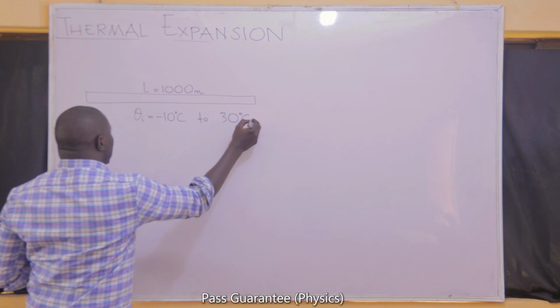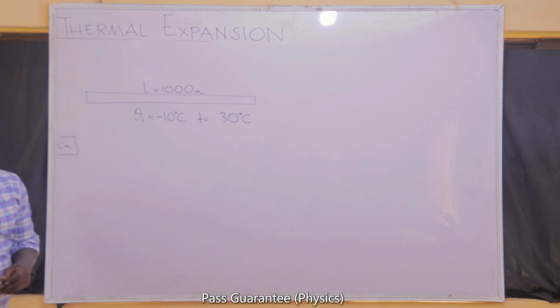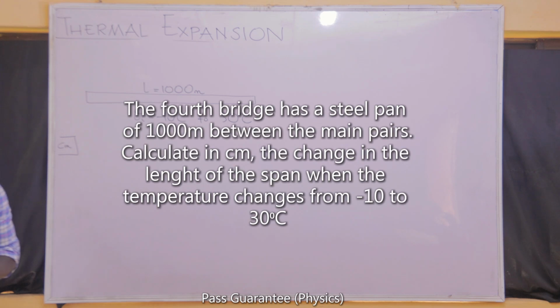I'll go over the question again. We are told that the fourth bridge has a steel span of 1,000 meters between the main piers. Calculate in centimeters the change in the length of the span when the temperature changes from -10 to 30 degrees Celsius.